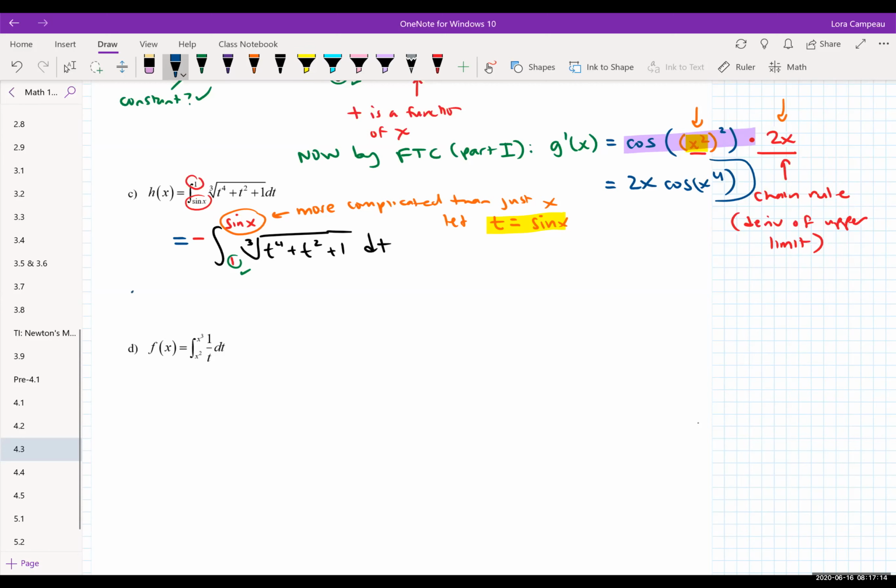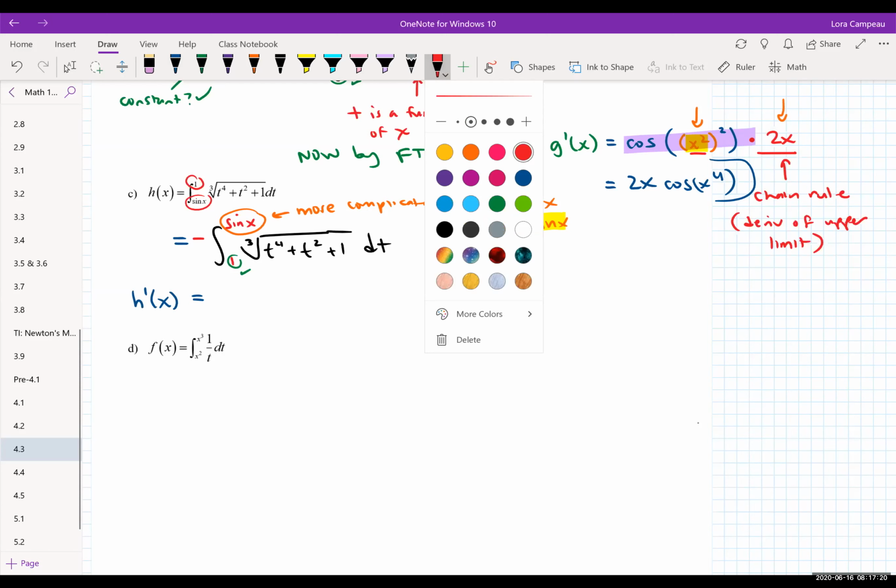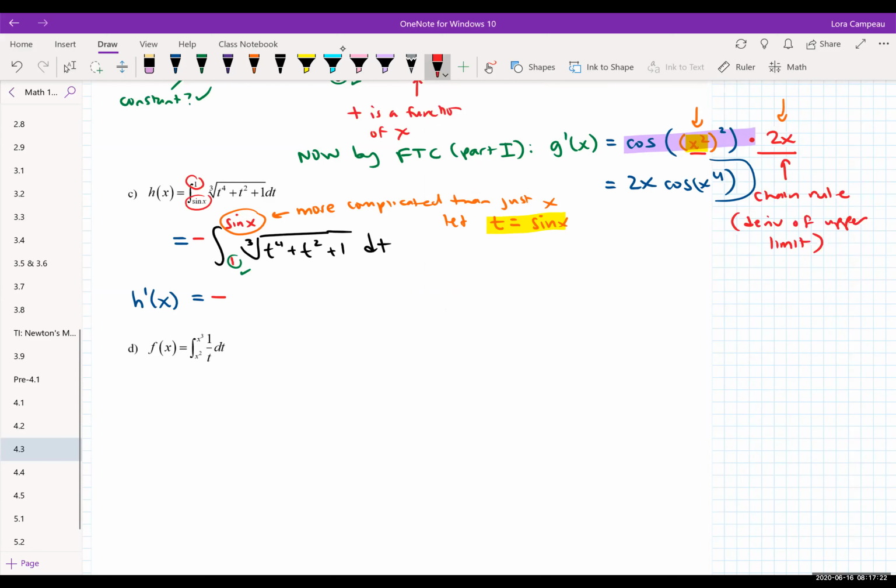let's try this. We have h prime of x, right? Okay, so the negative sign is already coming from the fact that we switched the limits of integration. It is true, you can pull out the integrand itself, but if you let t equal sine x, what you're doing is you're replacing all of those t's with sine x's. So see if I can write this. You're evaluating the function at sine x. Right, Laika?